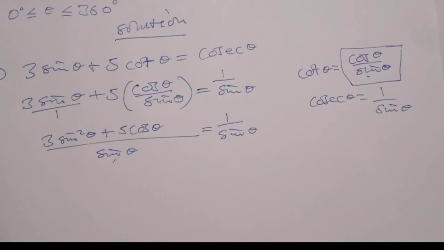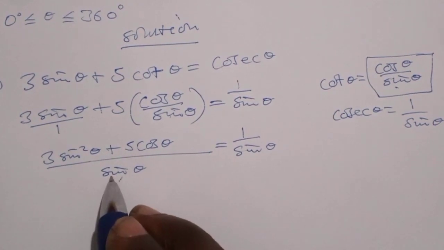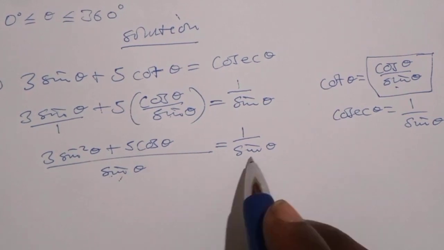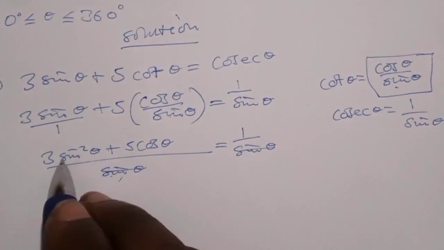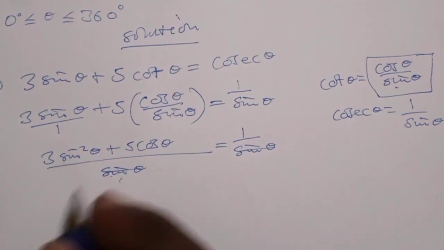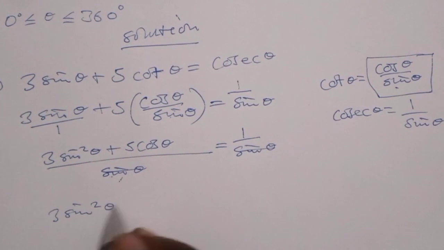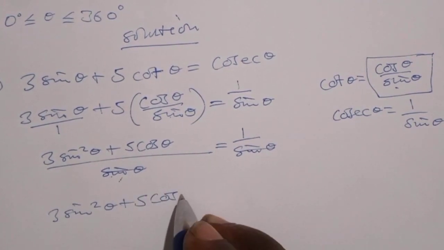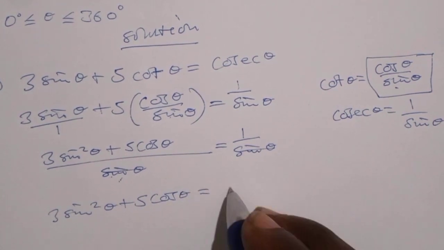And if you can see, this is an equation, which means this part is equal to this side, so sine theta equals sine theta. This cancels out, and we remain with 3 sine squared theta plus 5 cos theta equals 1.